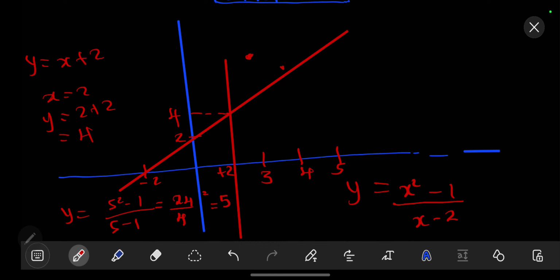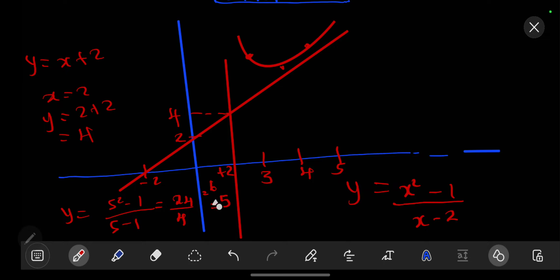This gives us a value of 6. So as I increase the values, the graph again begins to increase. So meaning at this point, the graph will go something like this, like that. So that is our graph at that point.